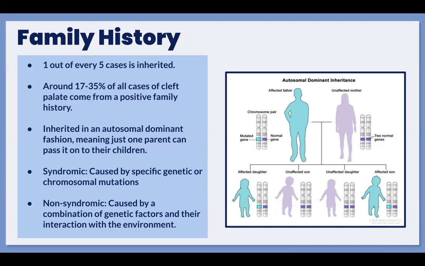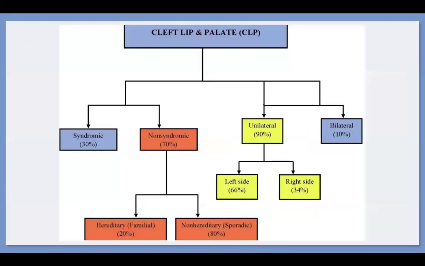But there are 2 types of cleft palate. There is syndromic, which is caused by specific genetic or chromosomal mutations. And then there's non-syndromic, which is caused by a combination of genetic factors and their interaction and behavior with the environment.